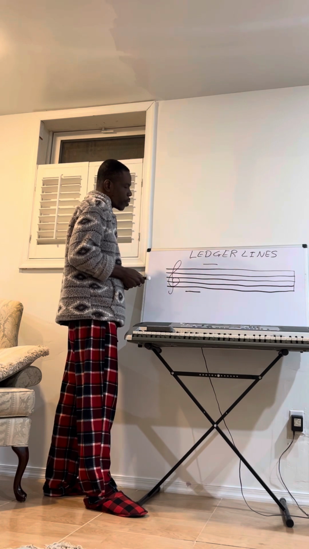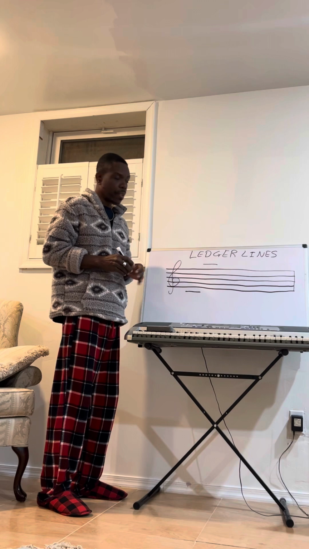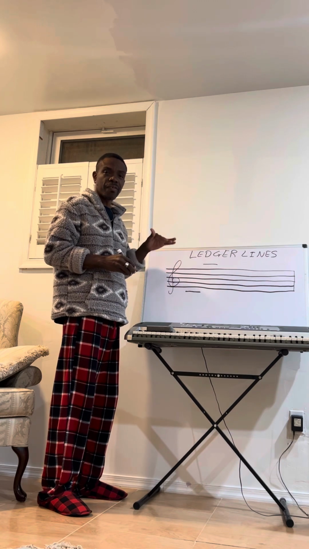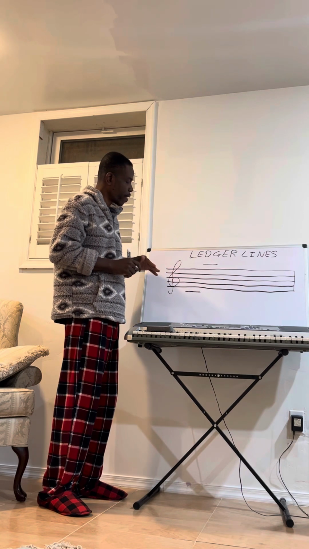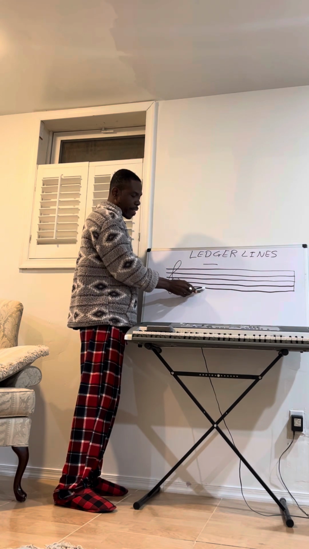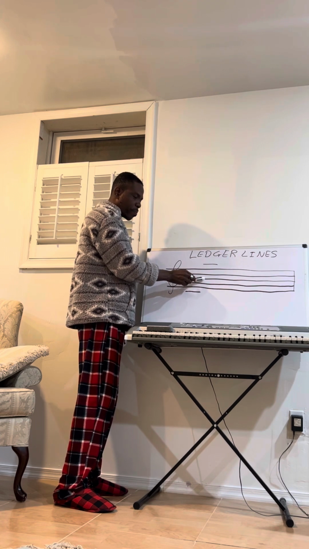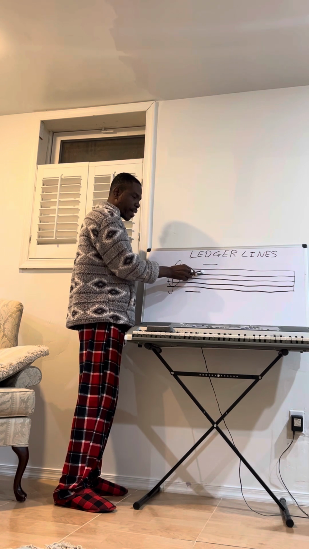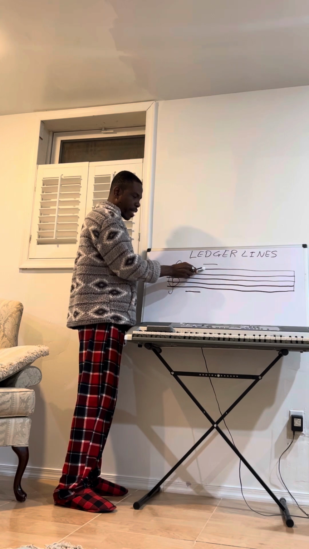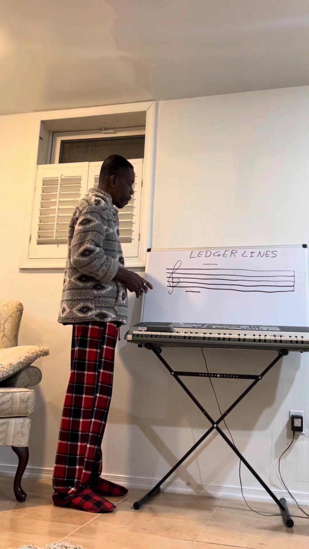As you may have recognized, the notes on the staff progress alphabetically. So, treble clef, the first line is E, then the space would be F, then the line would be G, then the space would be A, then B, then C, and so on, alphabetically.